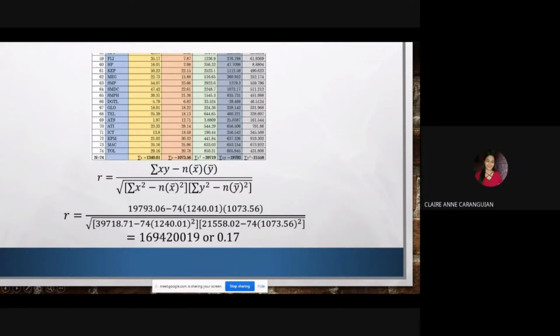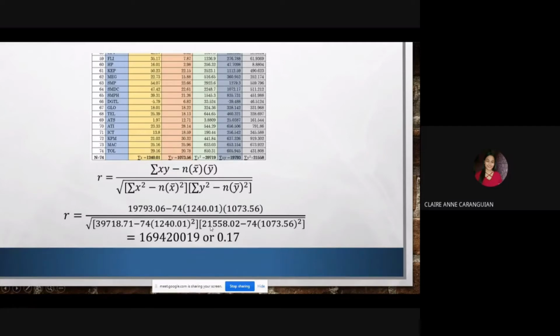Then the summation of x, which is 1240.01, squared. The summation of x squared is different from the summation of x then squared, so the values are different.